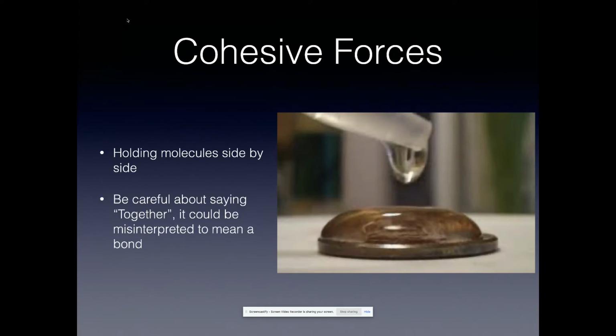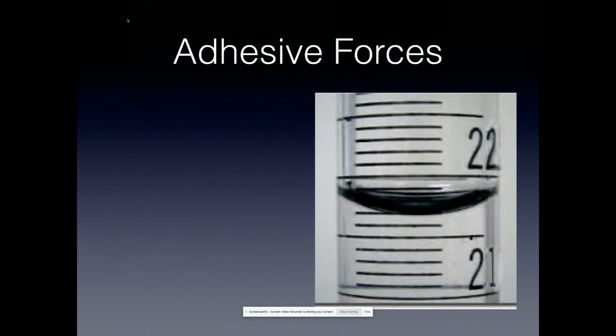Okay, now, in terms of vocabulary, you have to be very careful when using words like together. That could be misinterpreted as a chemical bond. So what's happening is we are holding the molecules side by side. We're talking about IMFs, okay, intermolecular forces, not bonds. Adhesive forces is what will hold the molecules to the walls of the container, okay, which we saw with the meniscus. Probably remember a bit about this from biology.